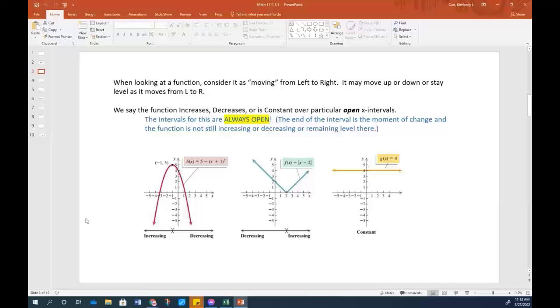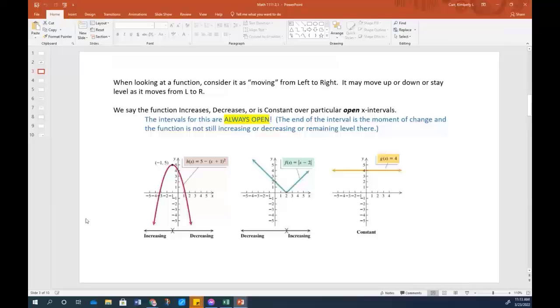So you'll always use parentheses. They're always open. And they always refer to x. We are answering the questions with what x values make the y values increase, what x values make the y values decrease. And then constant is just when things stay level.